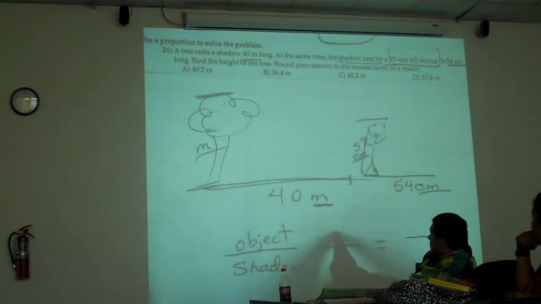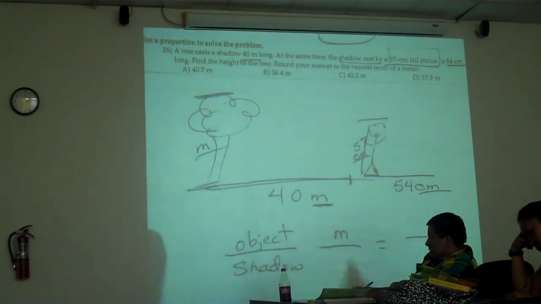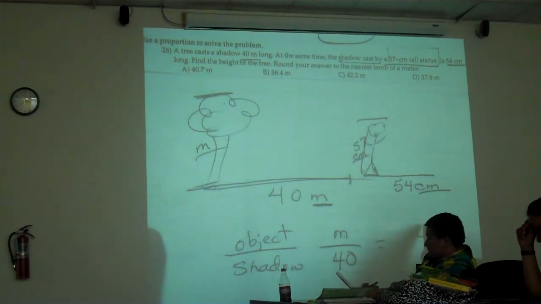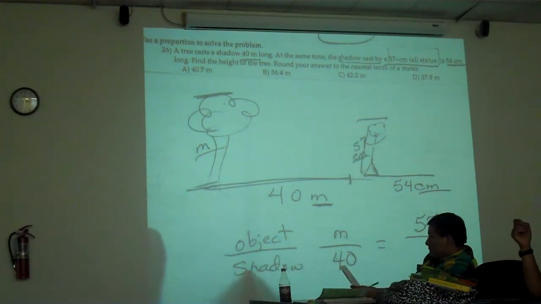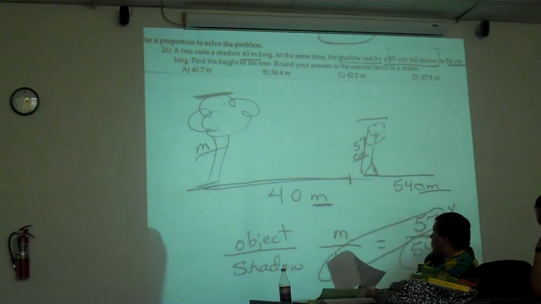The object of the tree, we don't know. I'm going to put M because we know it's meters. M over the shadow's 40. And the statue, 57. The shadow, 54. So do 57 times 40, divide it by 54.